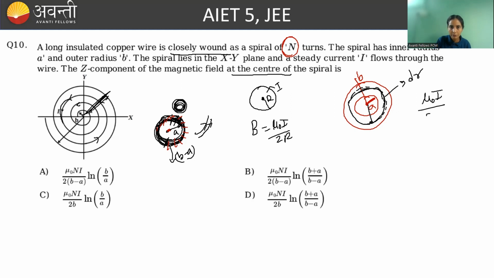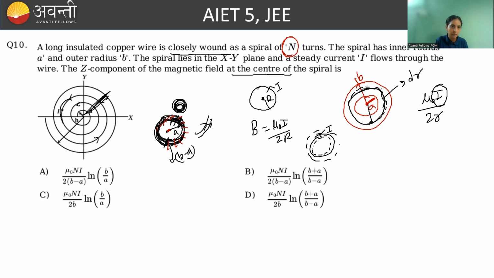The magnetic field at the center because of this ring will be mu naught I by 2R. Now, how much current will flow through this element? If it had no thickness, it would have current I. But since it has thickness dr, it will have some number of turns in it. How many?